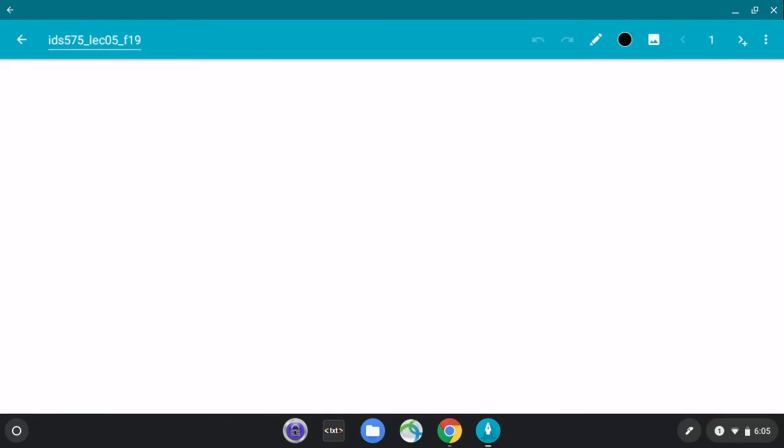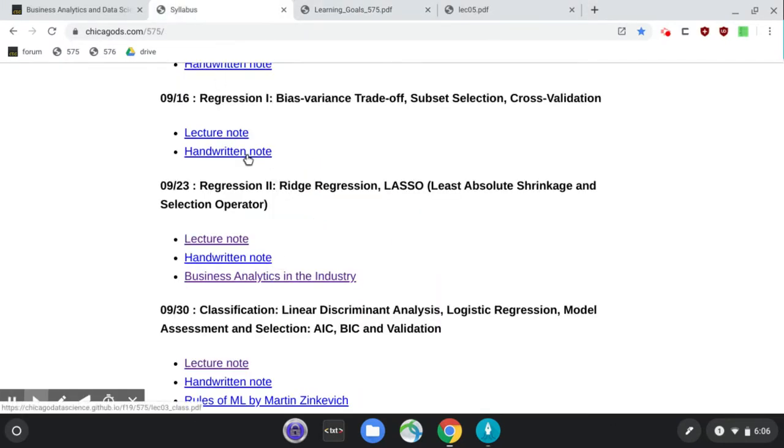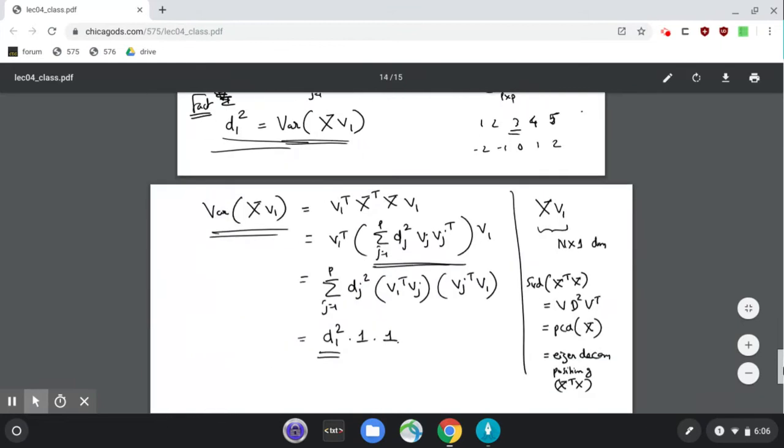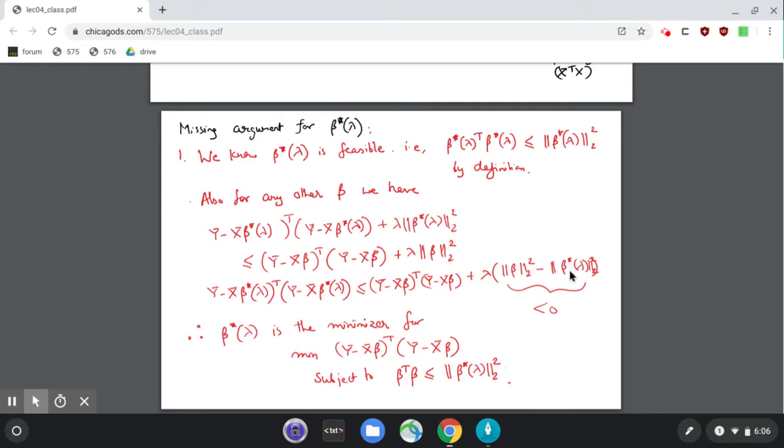So in the notes that I posted last time, maybe I should just open it. There's a part which is missing: why having that constrained version is the same as the original problem.